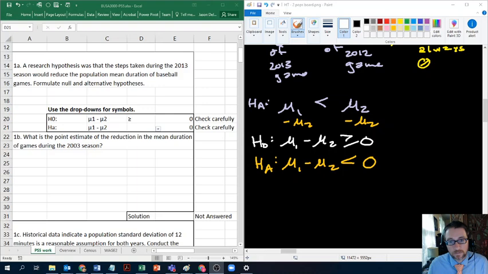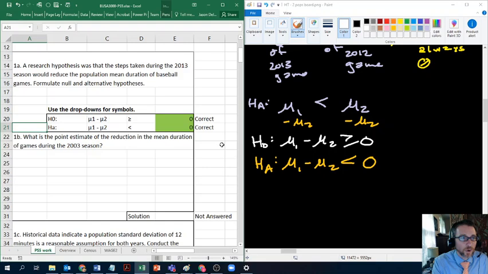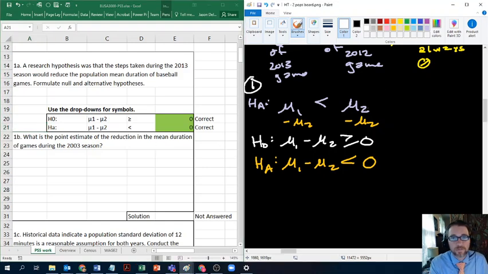All right, I think I accidentally hit less than wrong. And there we go. So that should be mu1 minus mu2 is less than 0, right? 2013 after minus before gives us less than 0. All right, now this one's the point estimate. We're going to find that on the way, but I want to stick with our 5 steps.